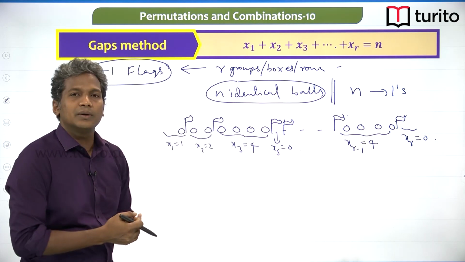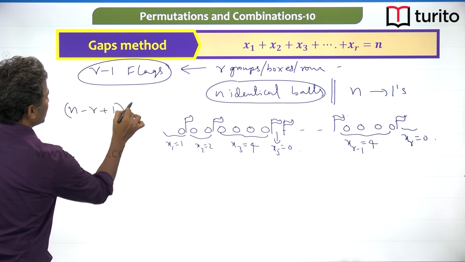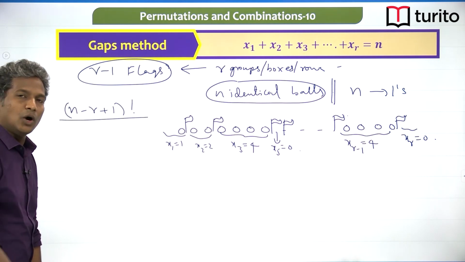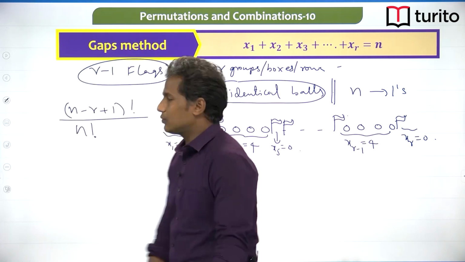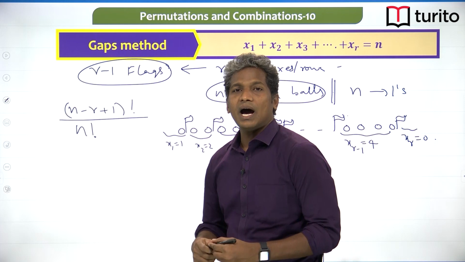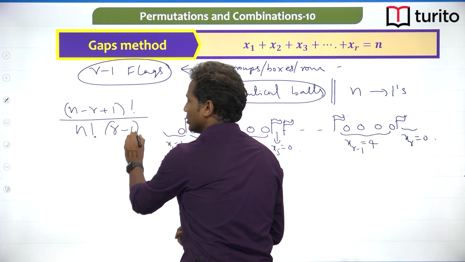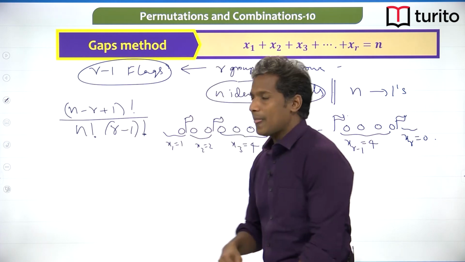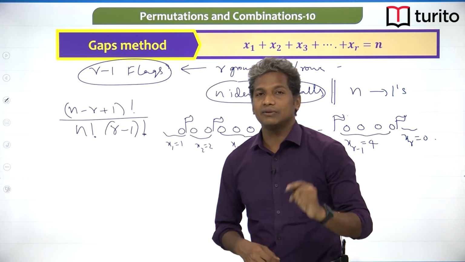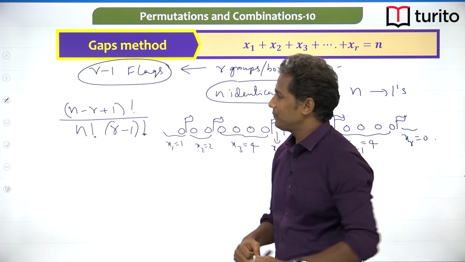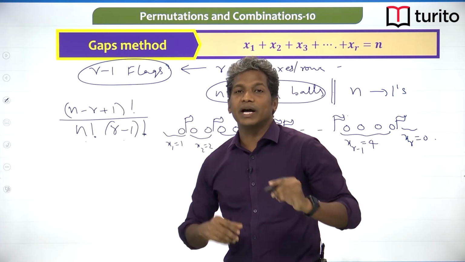So if you go by the macro method, we arrange them as n plus r minus 1 factorial divided by how many balls are there? n balls are there, all identical, so n factorial, and r minus 1 flags are there, so r minus 1 factorial here, okay. This is our macro method of arranging them.